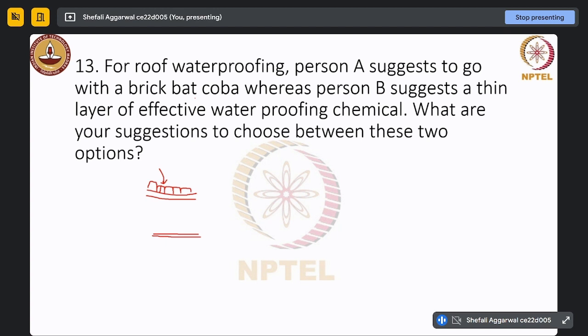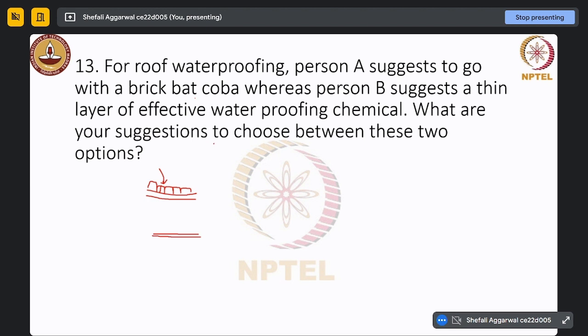Okay, so although this method is applied in many rural areas still, if we have to go for a good waterproofing system, we will choose the waterproofing chemical, a simple coating onto the roof, so that the properties of waterproofing coating we have already seen in the previous question, that it should be flexible also, it should be resistant to UV. So all of these properties can be possible in a waterproofing chemical. You can synthesize that type of chemicals, but if we are using brick bat coba, there are chances that it won't be helpful in a long term because of the cracking in the bricks.